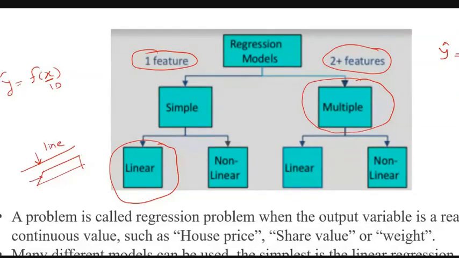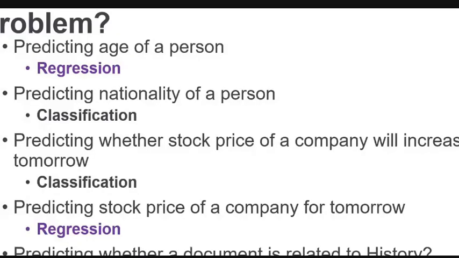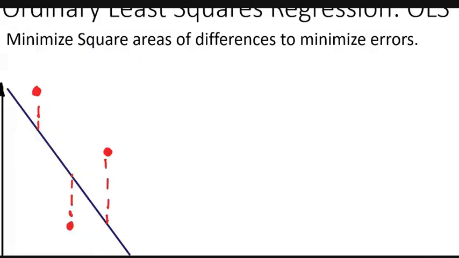When you have more than one feature, say 2 or 3 or more, then this will be a plane or hyperplane. So that we are doing. Then we saw some basic regression problems and classification problems, and this was the derivation for OLS. OLS stands for ordinary least square regression.